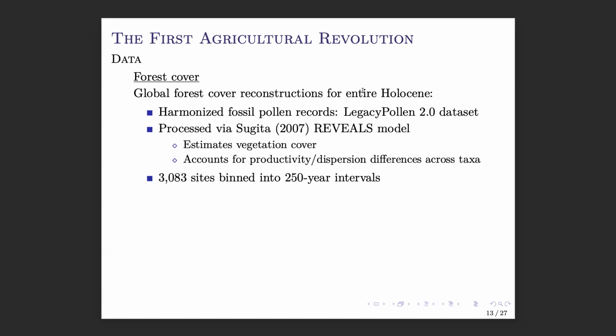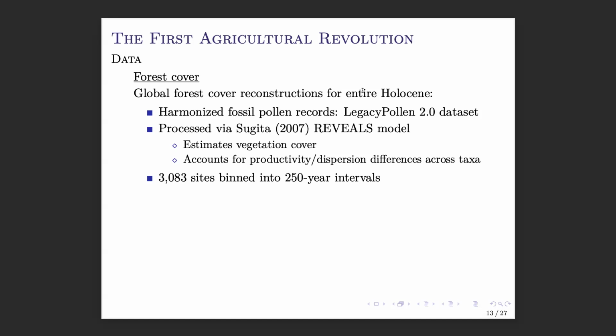Basically, there's new work coming out from archaeologists, anthropologists, geologists, and the like, who construct harmonized fossil pollen records. That's called the Legacy Pollen 2.0 data set. That's then processed via a model called the REVEALS model to estimate vegetation cover.